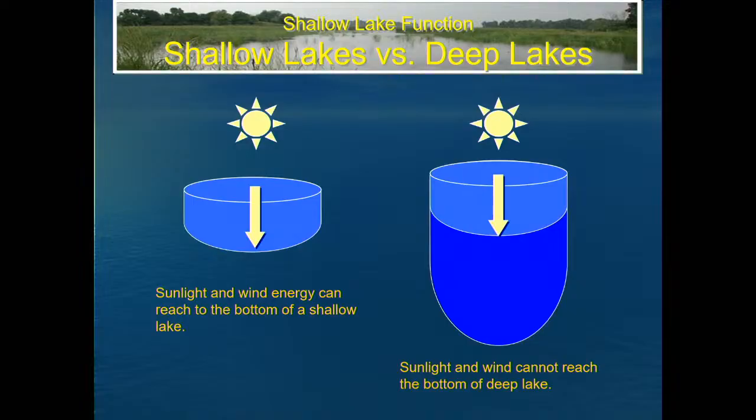Let me show you how shallow lakes and deep lakes differ. In shallow lakes, sunlight and wind energy can reach the bottom, so we can get suspension of the sediments with the wind, and the sunlight hitting the bottom lets us grow vegetation. Compare that to a deep lake, where it can't get all the way to the bottom.